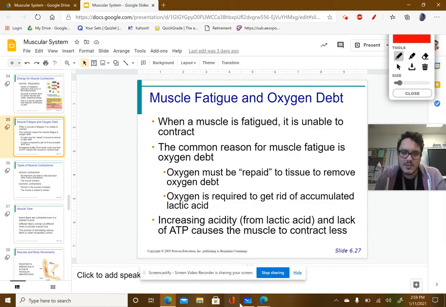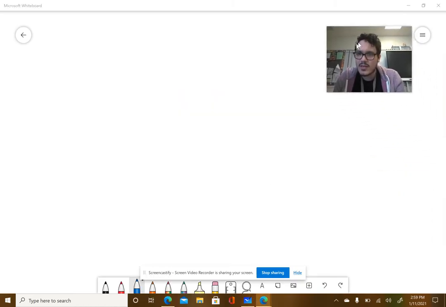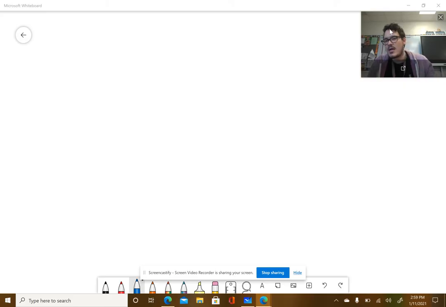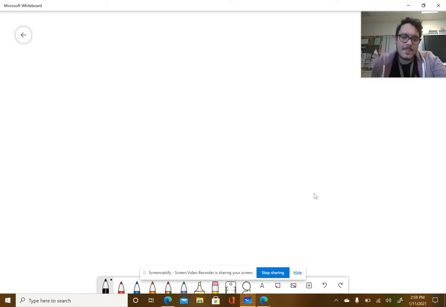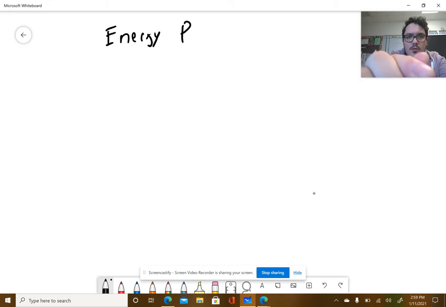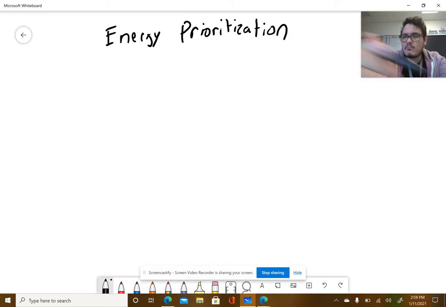Now, the last thing I want to do is just very quickly do a little list of sorts, identifying the priorities of energy. So we're just going to label this energy prioritization. Okay.